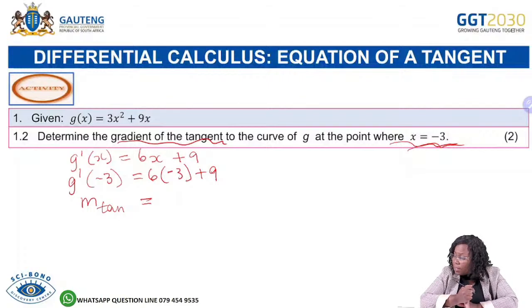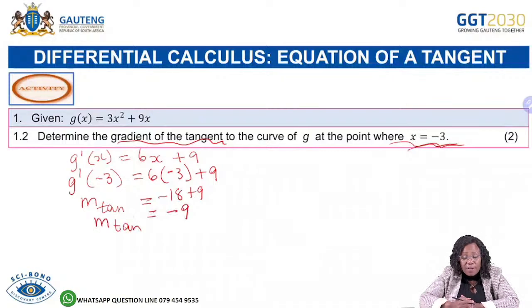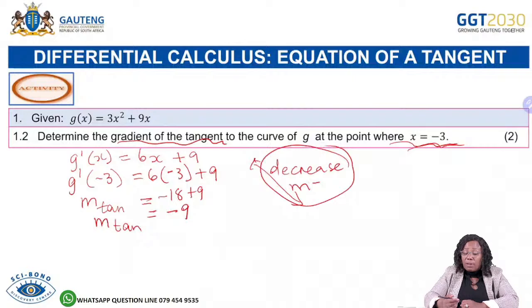And then now, 6, 12, 18, that will be minus 18 here, plus 9, therefore our gradient will be minus 9, grade 12. The gradient of that tangent is negative 9. That means it's a decreasing function because the gradient is negative. So this is the line we are expecting with the negative gradient there.